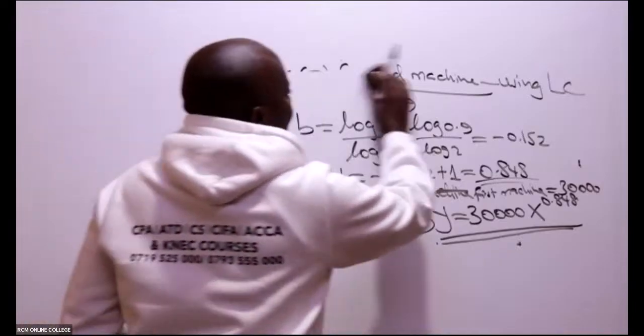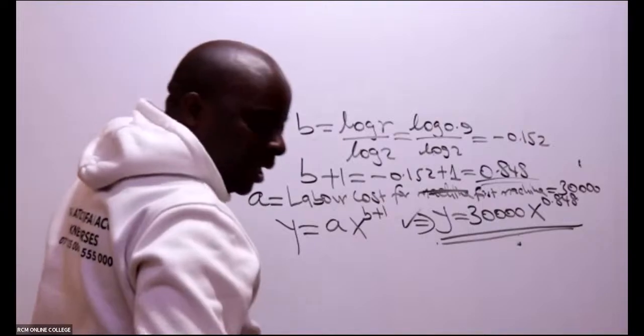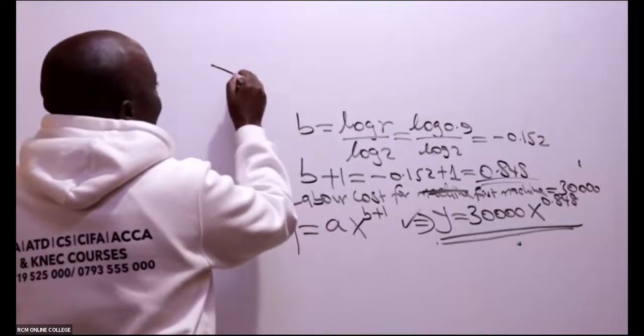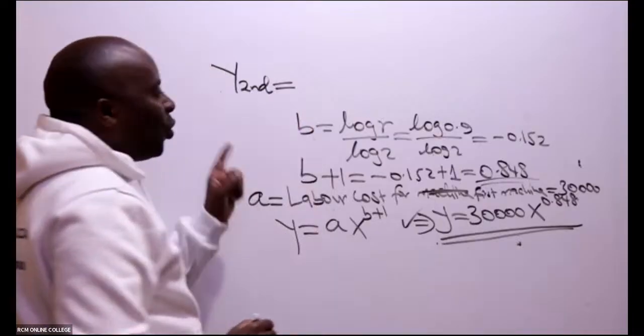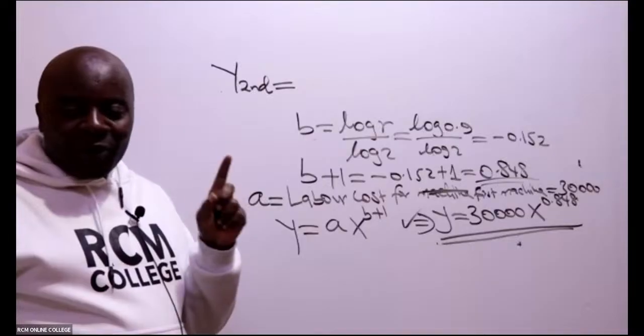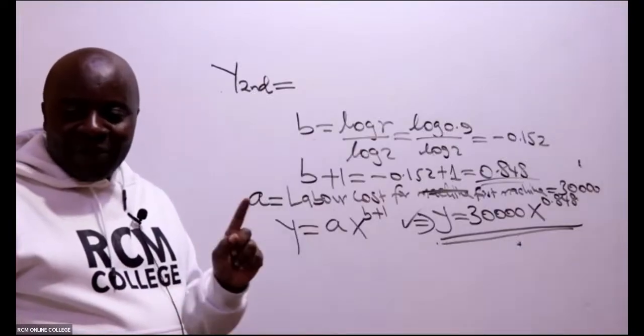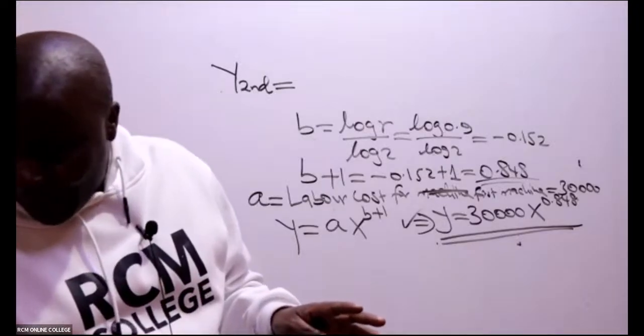So this has to be expanded. They want labor, which is Y, for the second machine. Somebody who expanded said what minus what. Even if you got it right, listen to me carefully because we must be on the same page.